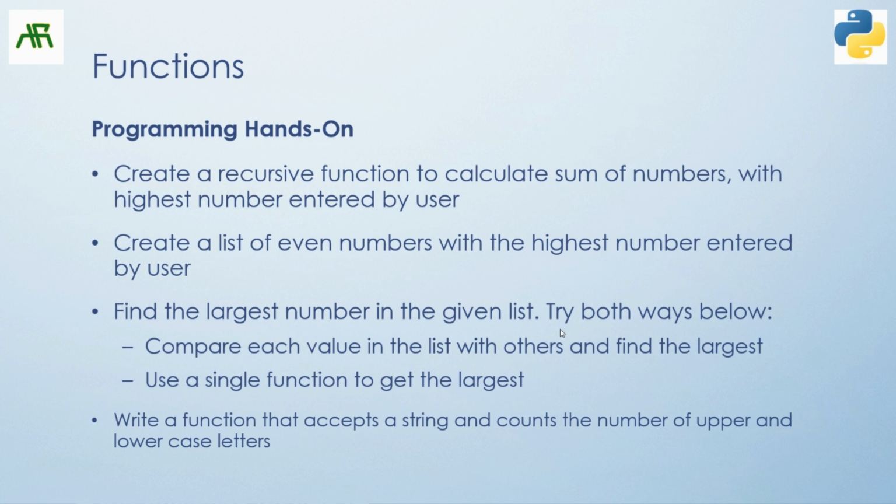Find the largest number given the list. Try both ways below. Compare each value in the list with the others and find the largest, and use a single find function to get the largest number. You understand, right? Keep comparing numbers in the list one by one with the others, and use a single function to get the largest number.